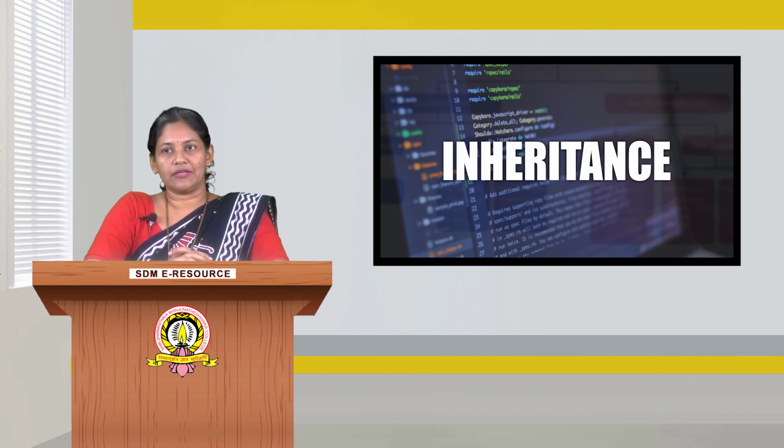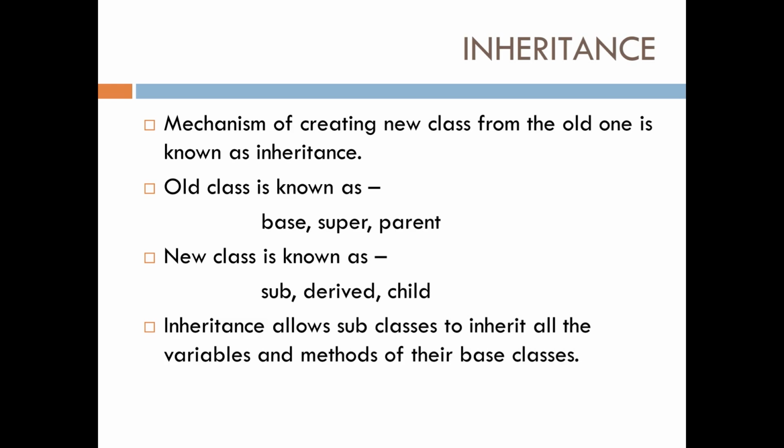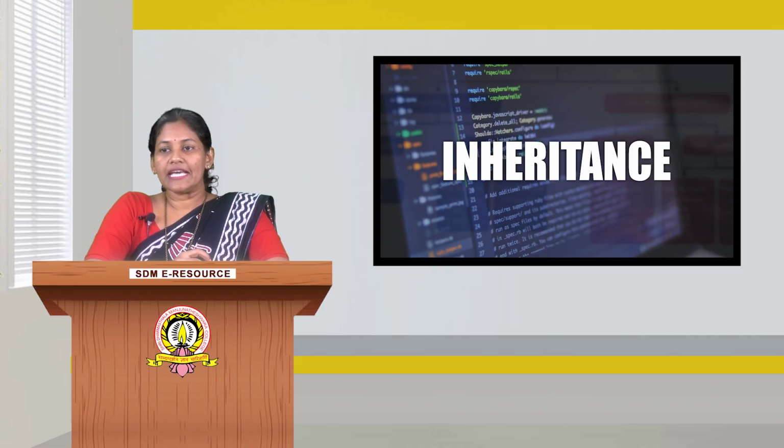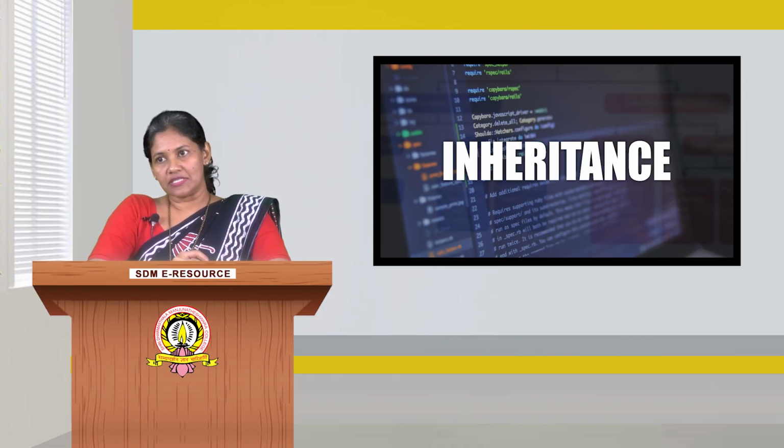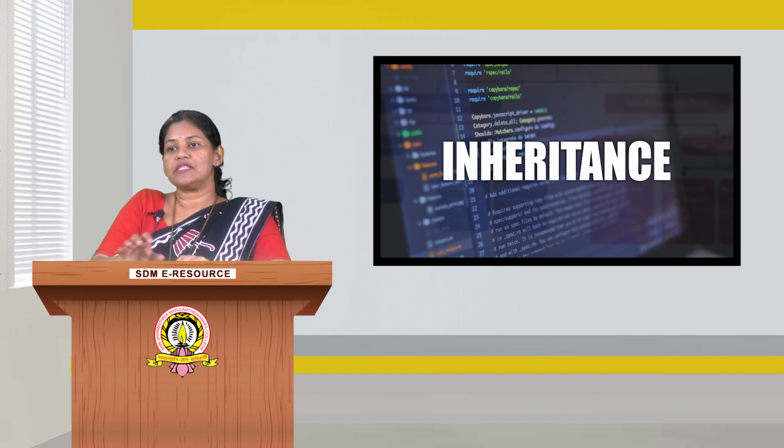So the old calculator class here is known as the base class, superclass or parent class, whereas the new class, which is the advanced calculator here, is known as the subclass, derived class or child class. So inheritance allows subclasses to inherit all the variables and methods of their base class.